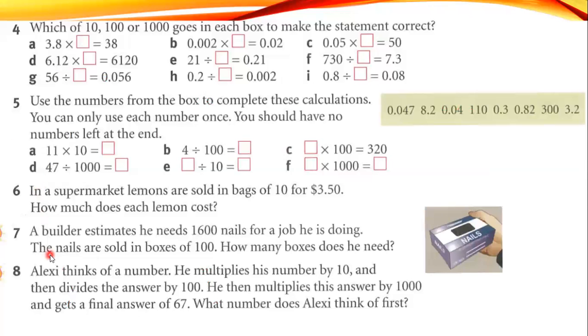Now question number 6. In a supermarket, lemons are sold in 10 bags for $3.5. How much does each bag cost? It means he said they are selling 10 bags for 3.5 dollars. So what is the cost of one bag?